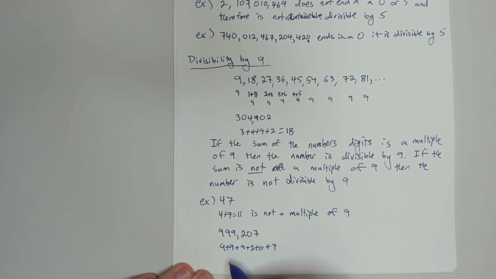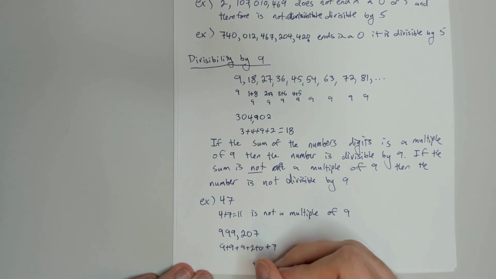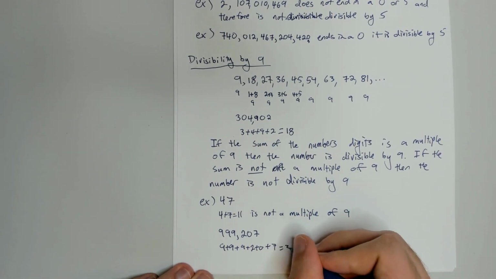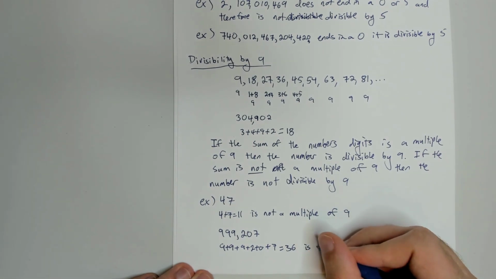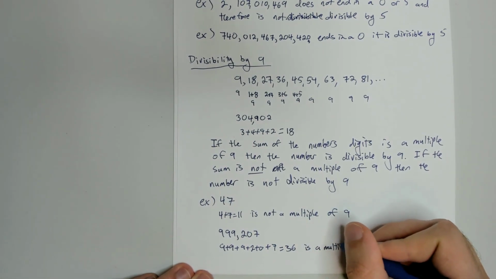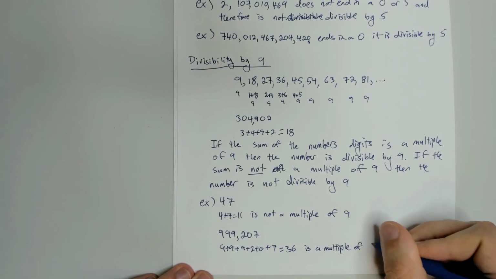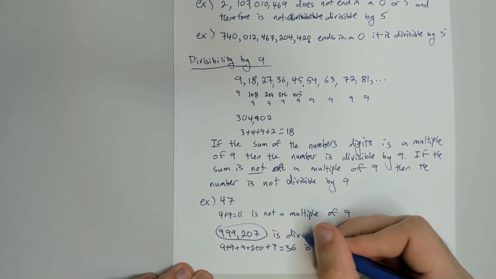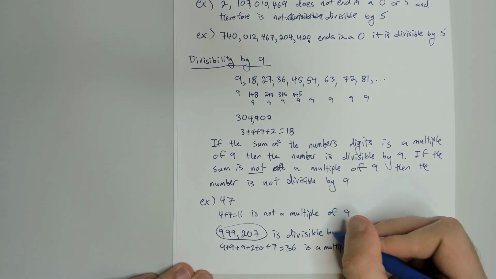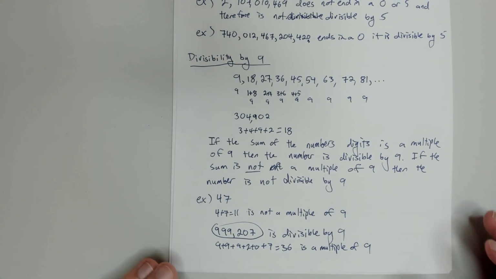Well, that's 3 times 9, which is 27. Plus 2, 29. Plus 7, 36. Is 36 a multiple of 9? Yeah, 9 times 4 is 36. So this is a multiple of 9. So therefore, this is divisible by 9. All right? So hopefully that makes sense.